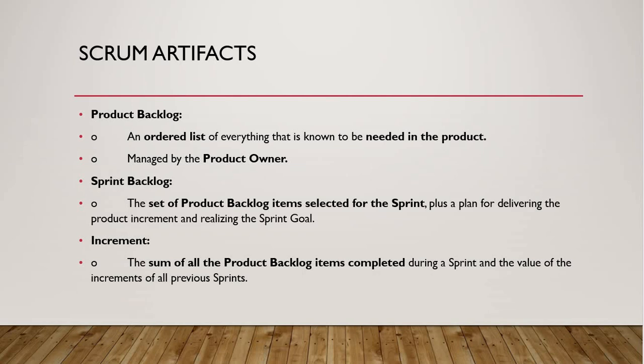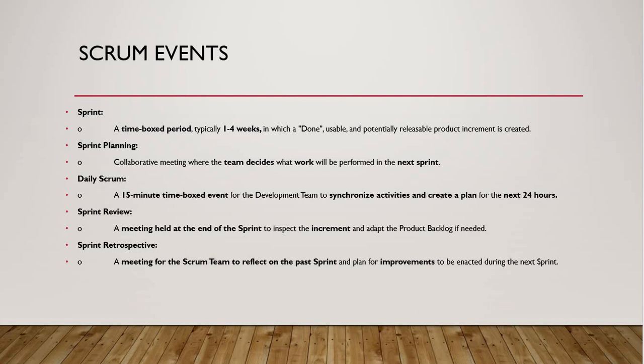Sprint backlog tu set of product backlog selected for the sprint. Maksudnya untuk setiap sprint tu kita dah pilih certain product backlog, itu kita panggil sprint backlog. Apa itu sprint? What is a sprint? It is a time-boxed period, jangka masa, typically 1 to 4 weeks, in which a done, usable, or potentially releasable product increment is created.